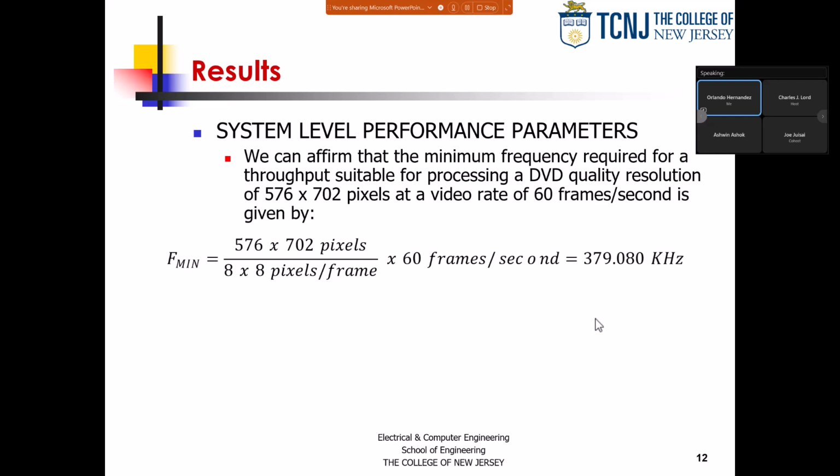So the fact that our architecture works at 6 megahertz allows us to trade off frame rate and the number of hardware or parallel hardware realizations that we have to use to process a given video stream.